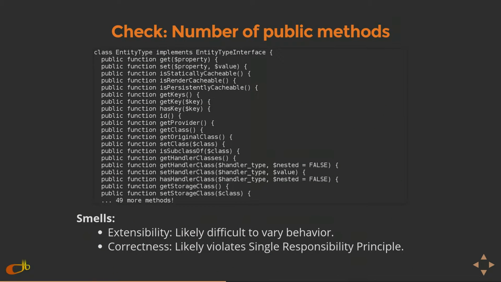Number of public methods. So you define a class. In this case, this is entity type. There are 69 public methods on this class. Extensibility is a problem. Also, correctness, probably violating single responsibility principle, which says when you create a class, the class should do one thing.